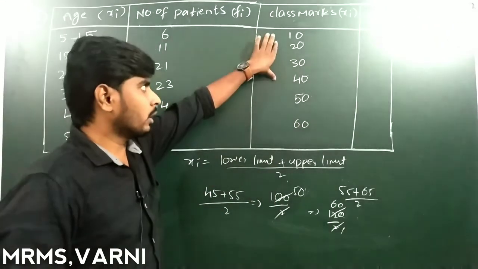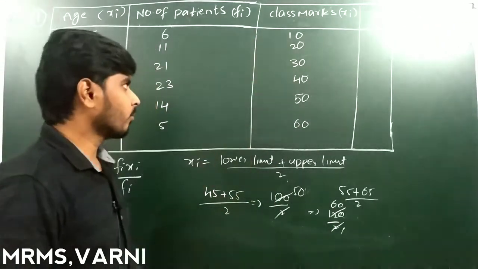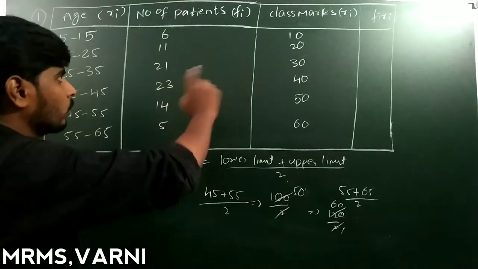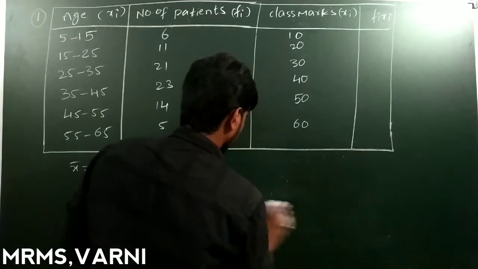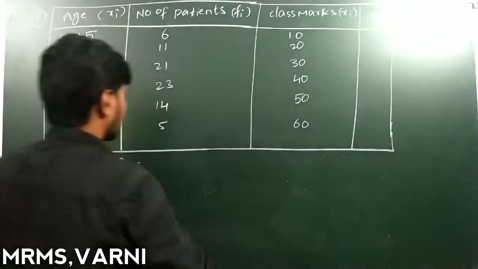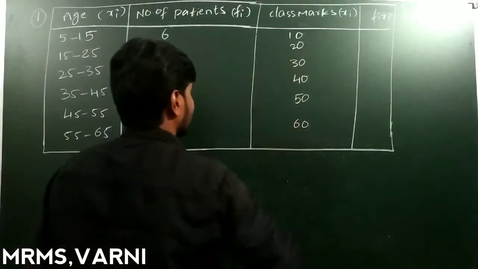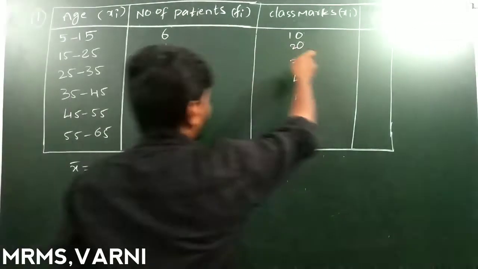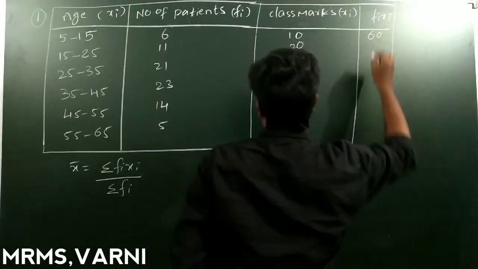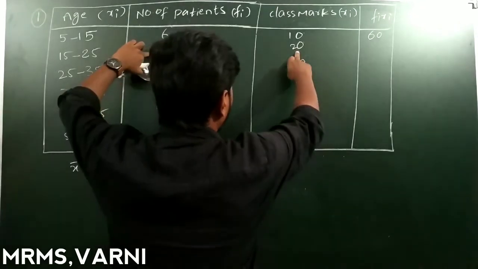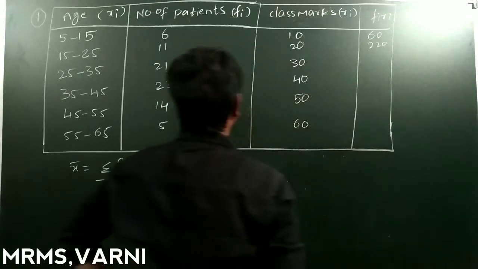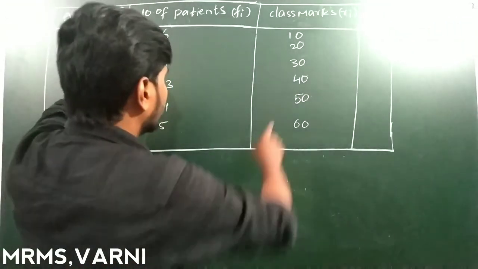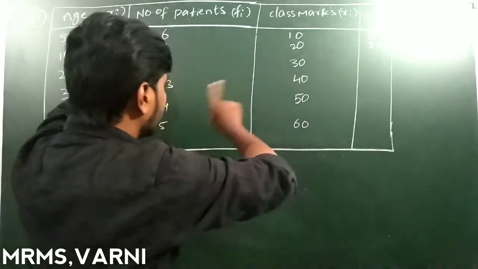Now we got class marks here. We have to find the Fi into Xi. These are the Fi's and these are Xi's. So 6 into 10, it is 60. 11 into 20, nothing but 220. 21 into 30.